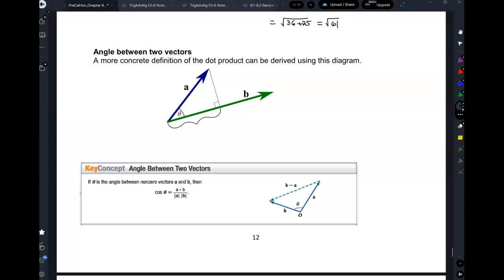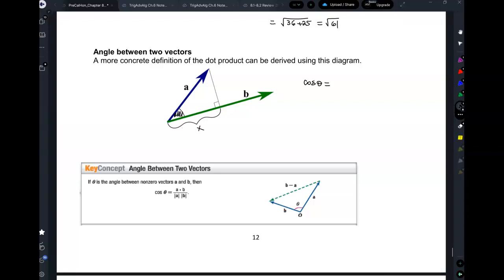Okay? So if you have a setup like this and you want to find this angle theta, well, the formula is cosine of theta is... what is cosine of theta here? Suppose this is x, right?